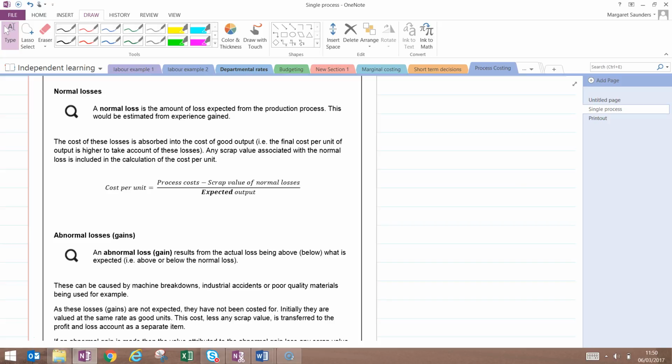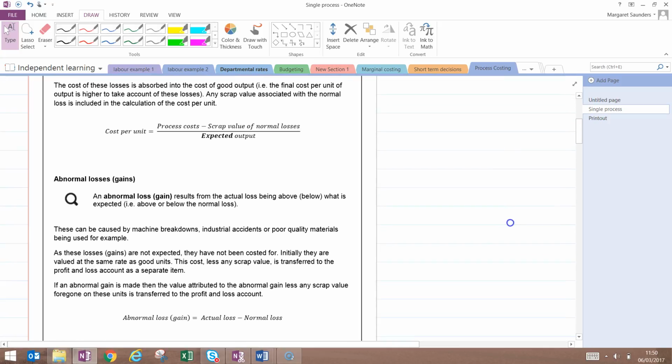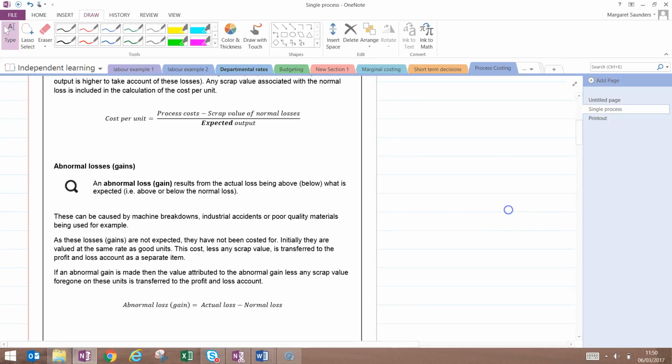Now this does not mean that we are actually gaining in output, but it means that we have not lost as much as we expected. Now we need to put valuations to our output, we need to put valuations to our normal loss, and we need to put valuations to our abnormal losses or gains.